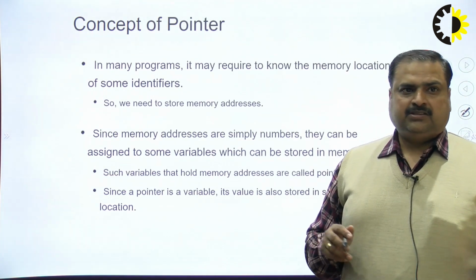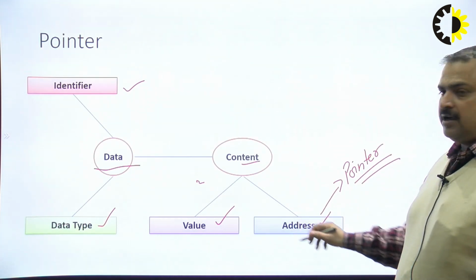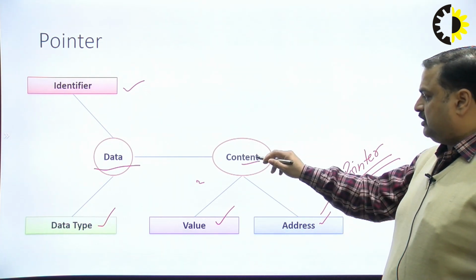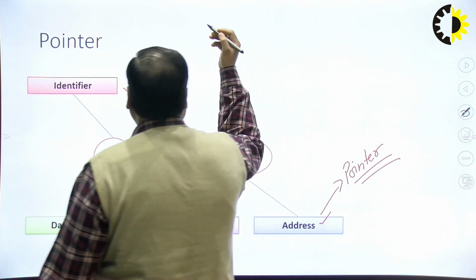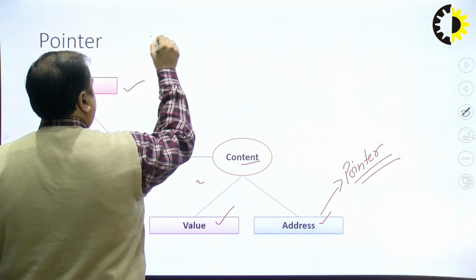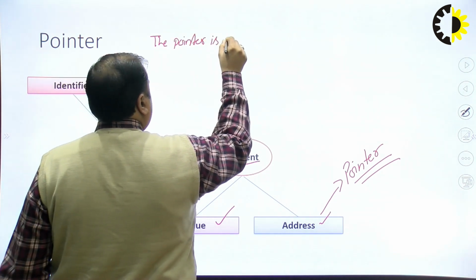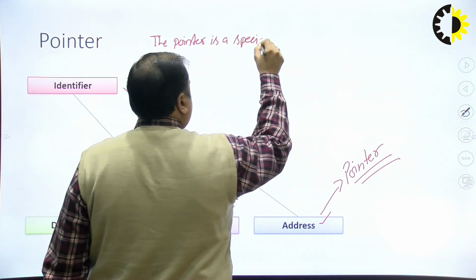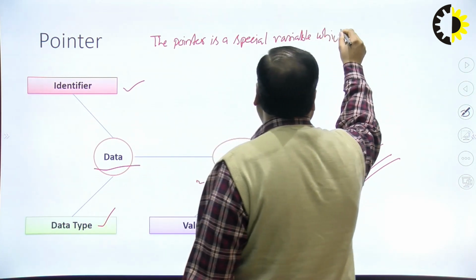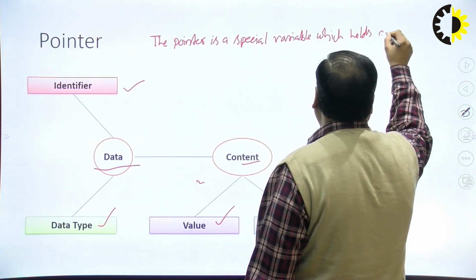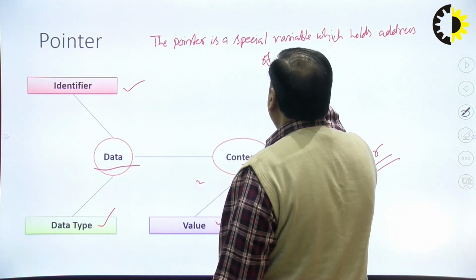What I am saying is that if we have a variable whose content is an address, then I can say a pointer is a special variable which holds the address of another variable.